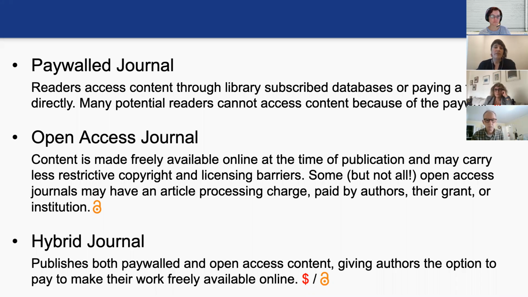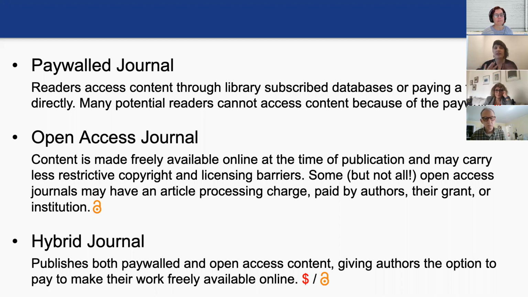The journal may also offer an open access option in what is otherwise a subscription journal. We call this a hybrid journal, in which the article will be published by the journal no matter what. And by default, it will be paywalled. But the author may pay to make the individual article that they're releasing open access.